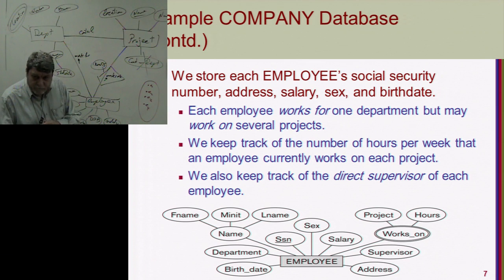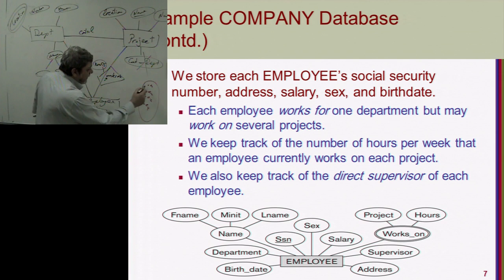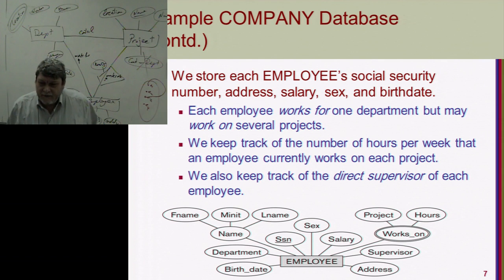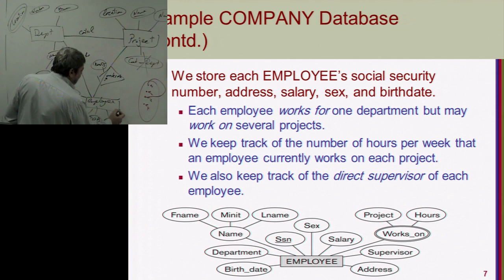So let's draw a link. E1 is supervised by whom? So there is a link. Link from where to where? From employee to an employee. So we can do it here like this.